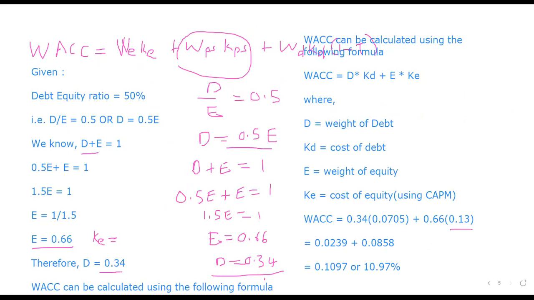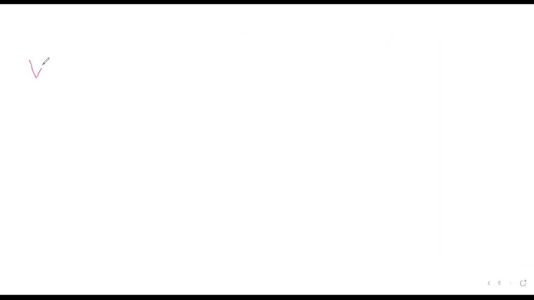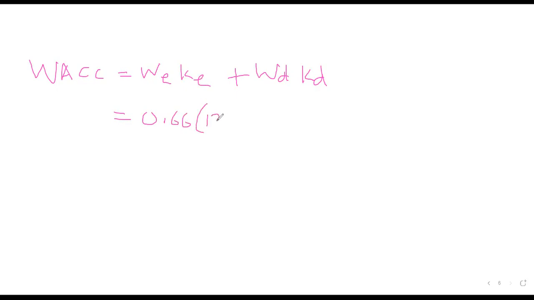Using this formula, WACC is the weight of equity times the cost of equity plus the weight of debt times the cost of debt. The weight of equity, 66%. The cost of equity, 13%. Plus the weight of debt we just found, 34%. The cost of debt is 7.05%.